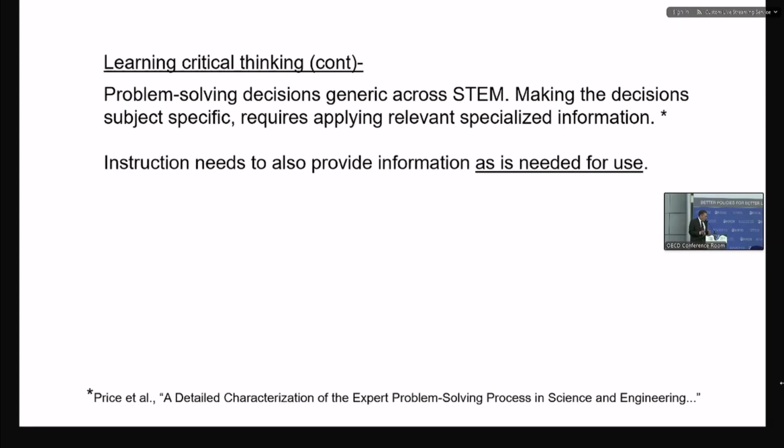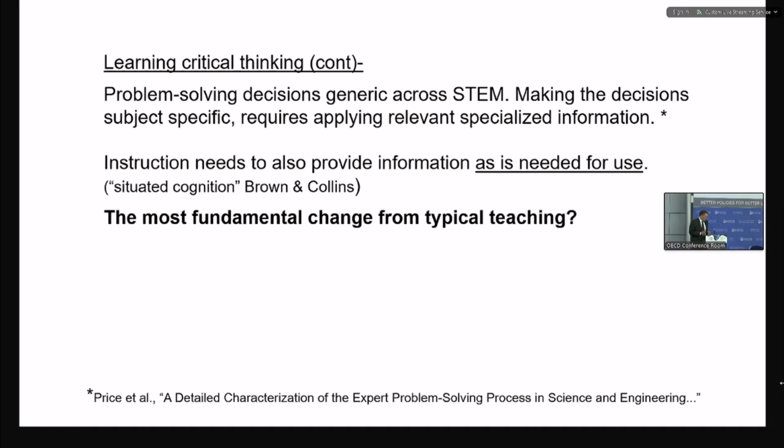And so the students also, as part of the learning, need to be provided with that information, but it's most effective if it's provided as it's needed for use. This is consistent with the ideas you may be familiar with from Brown and Collins of situated cognition, of learning the knowledge as it's used rather than just isolated facts.